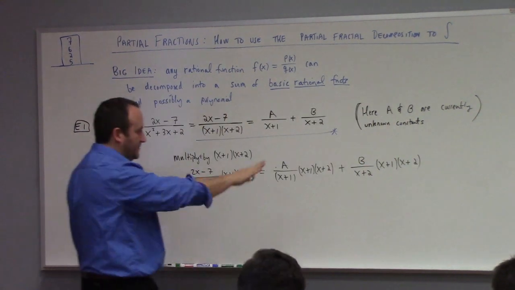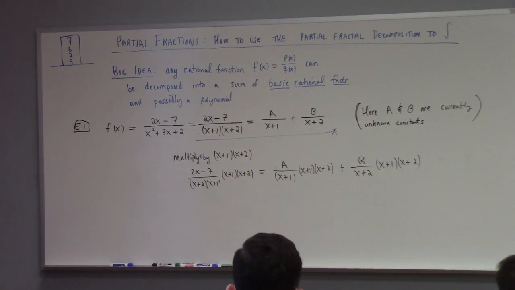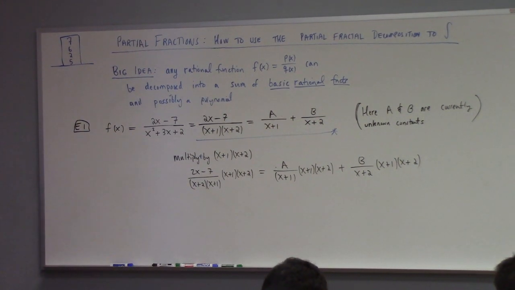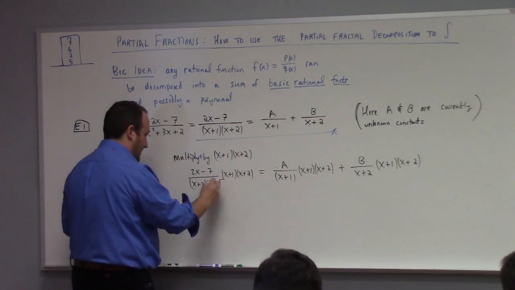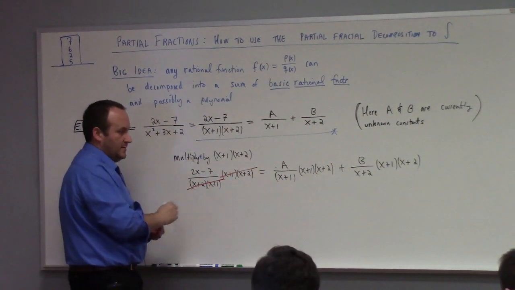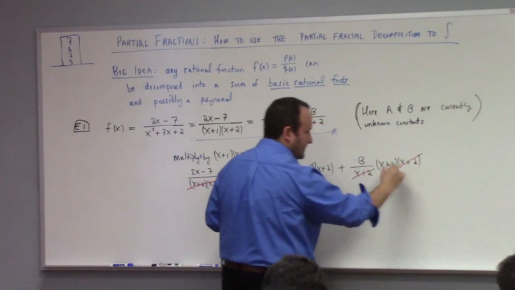right? So multiply both sides by the denominator, distribute as we can, right? And you see what cancels. There's lots of reductions here, right? Like this cancels with that. This cancels with that. This cancels with that.